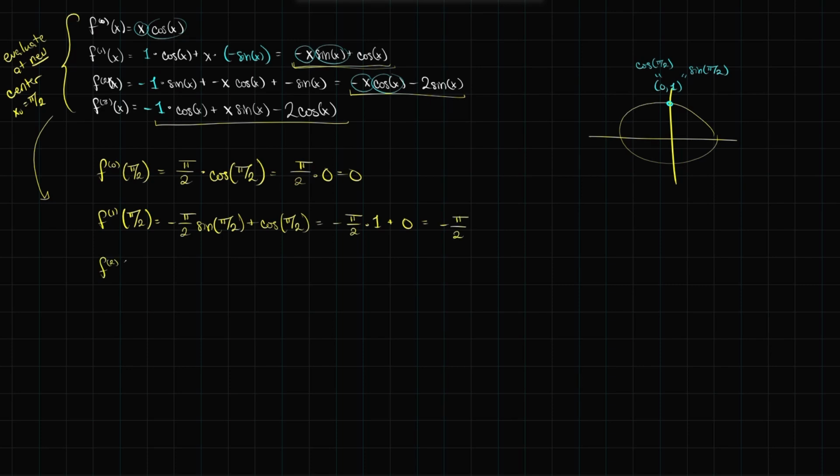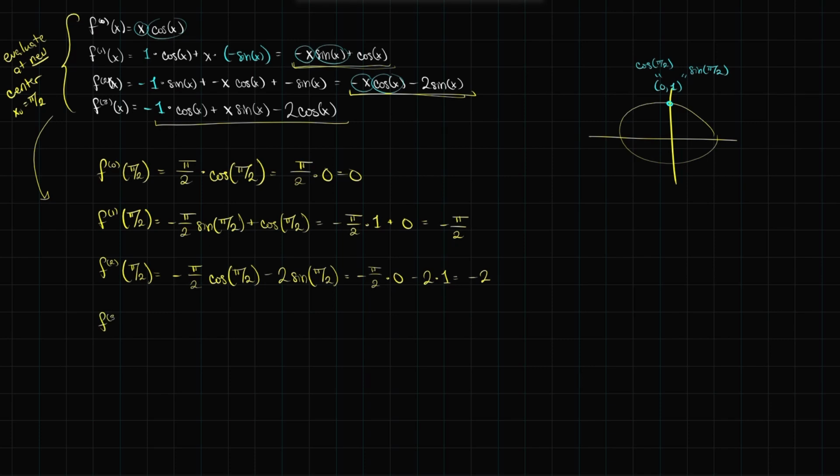The second derivative of f at pi over 2 will be this term. That's going to be negative pi over 2 cosine pi over 2 minus 2 sine pi over 2. And I'll end up with negative pi over 2 times 0 minus 2 times 1. I end up with negative 2.